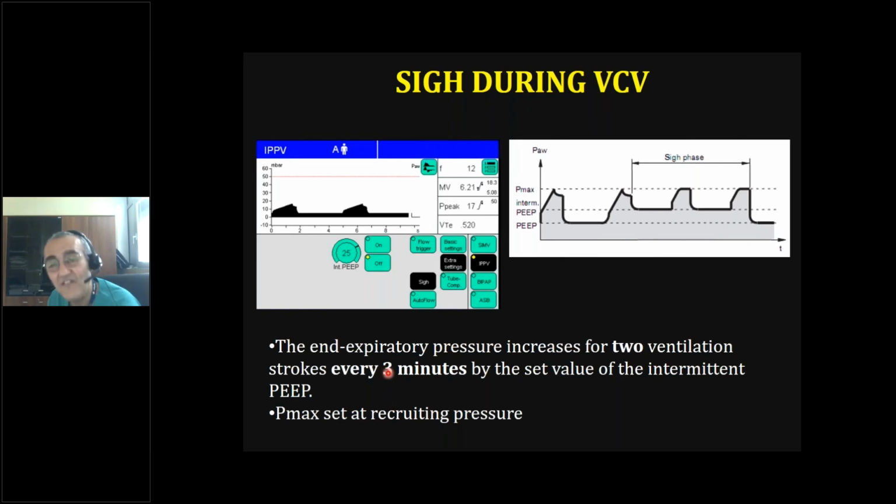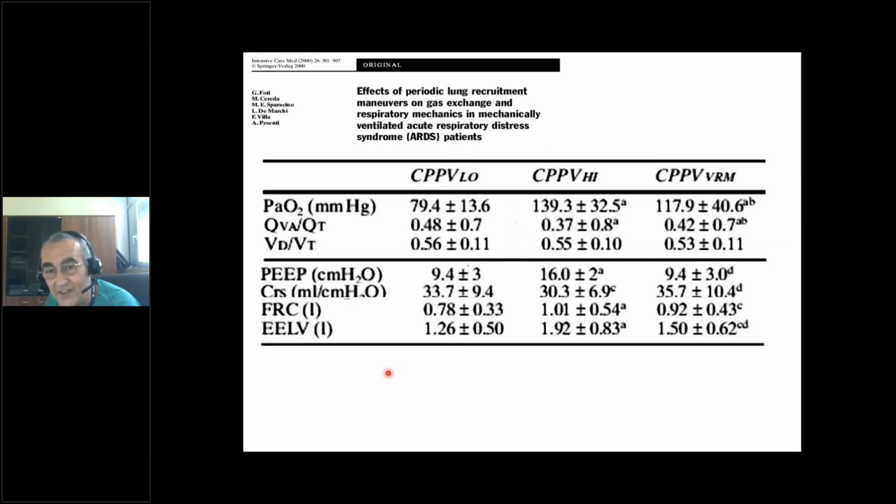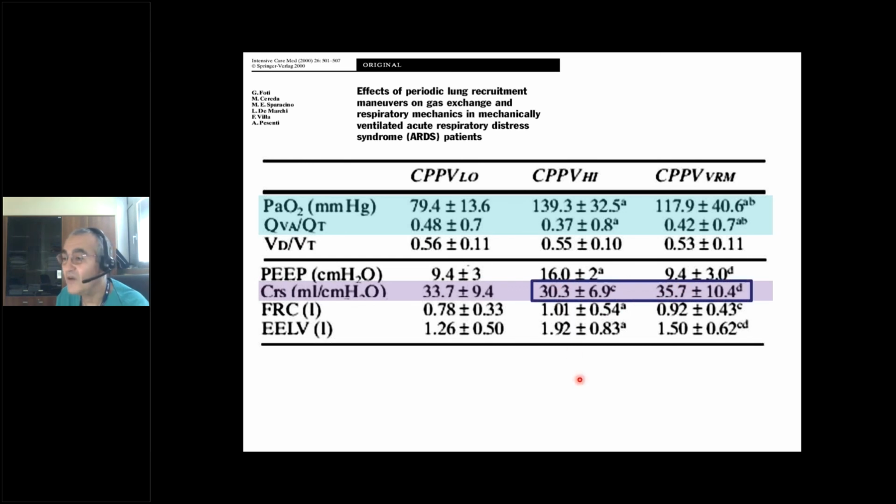What is the effect of Sigh on patients with ARDS? We studied it many years ago, and to make it very short, we discovered that by applying Sigh, we can have higher compliance compared to a high PEEP level, with a lower driving pressure.